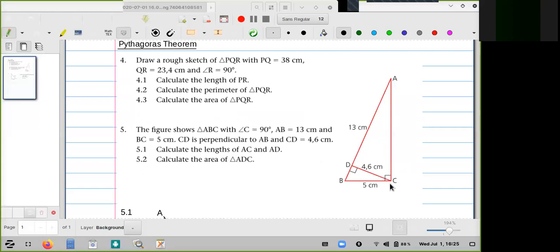When we say it's perpendicular, it means it's 90 degrees to BC. Or AC is at right angle to BC. All those terms can be used.